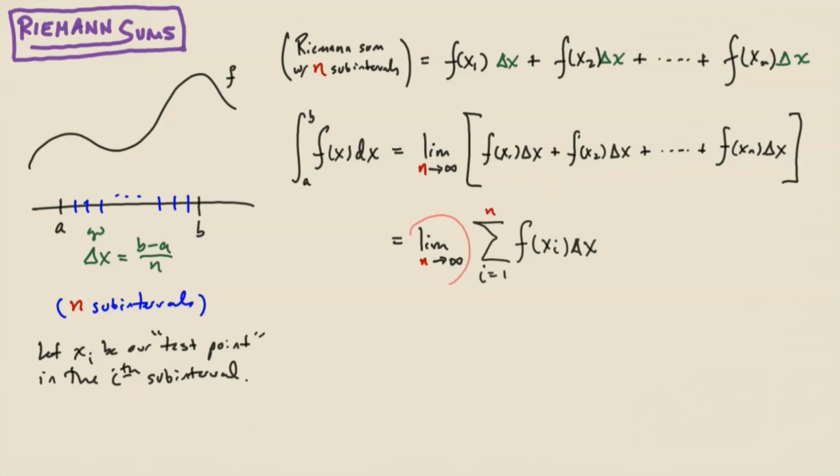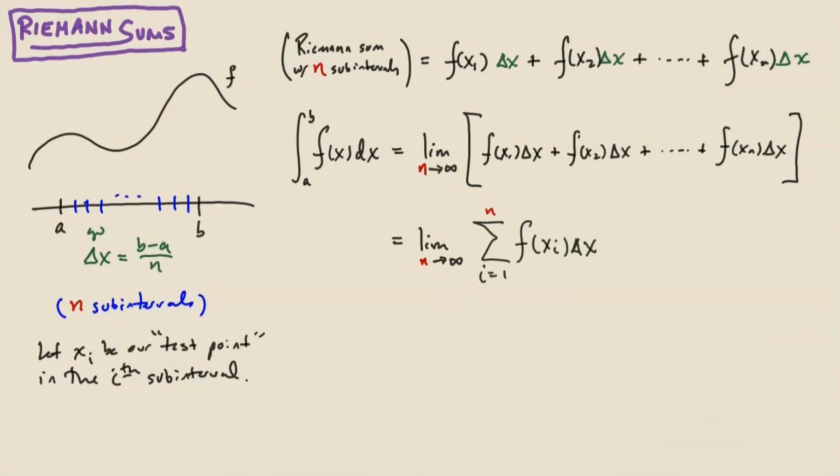And it's almost like in the limit, this sigma becomes the integral sign. They both accomplish the same thing, adding up lots of things of this form, but in this case a finite number, starting at 1 and stopping at n. And in this case, we're adding up infinitely many things of that form. This is why the integral is a weighted sum of infinitesimals, whereas the Riemann sum is a weighted sum of finite subintervals. It's only when we take the limit as that number of subintervals goes to infinity that it becomes an integral.